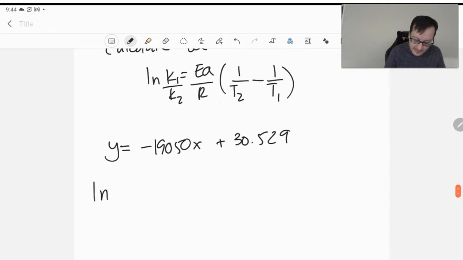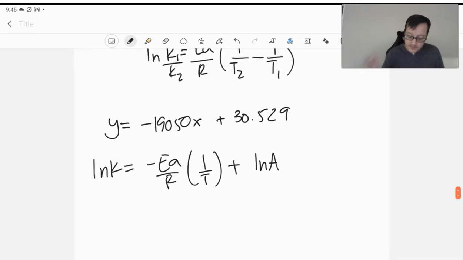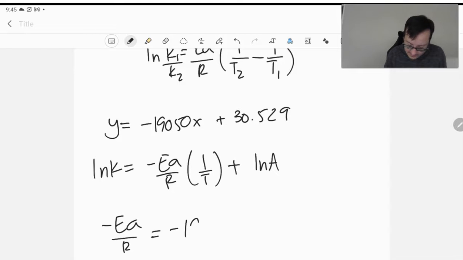Remember that this is ln K is negative EA over R times 1 over T. 1 over T is our x plus ln A. So negative 19,050 is negative EA over R. And so, since we know R, 8.31 joules per mole Kelvin, we can figure out EA.